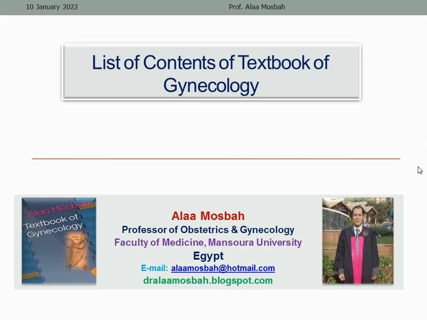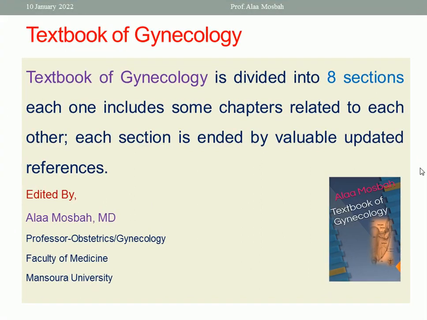Okay, let us start with the textbook of gynecology. It is divided into 8 sections. Each single section is formed of some chapters related to each other and contains a reference at the end, and these references are updated.